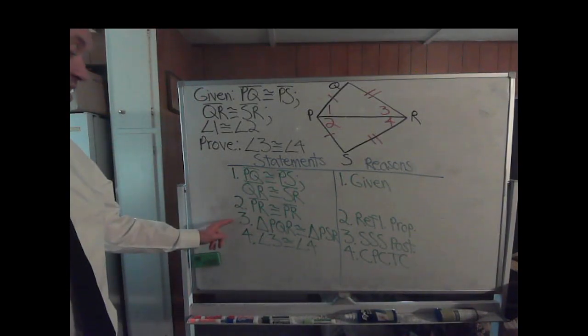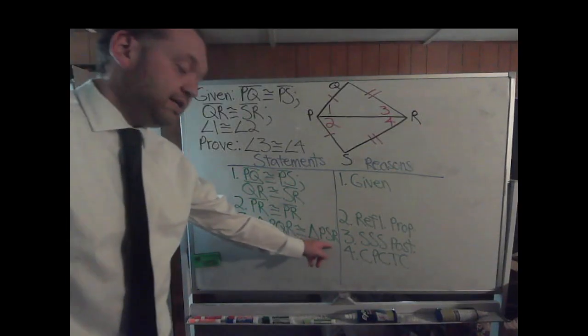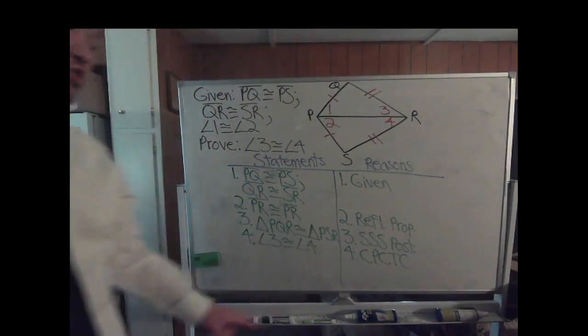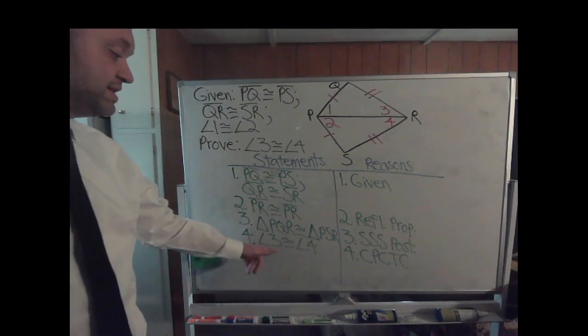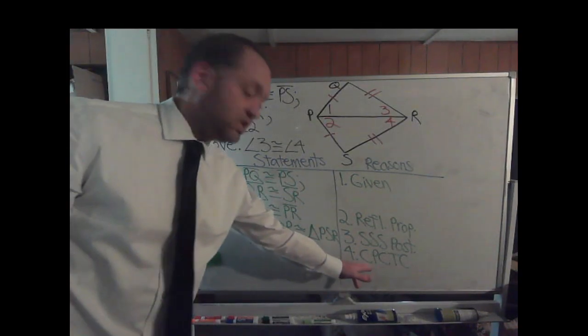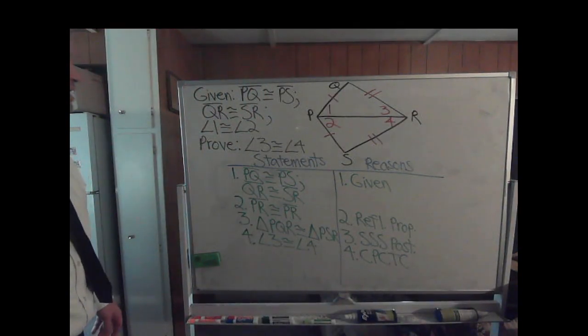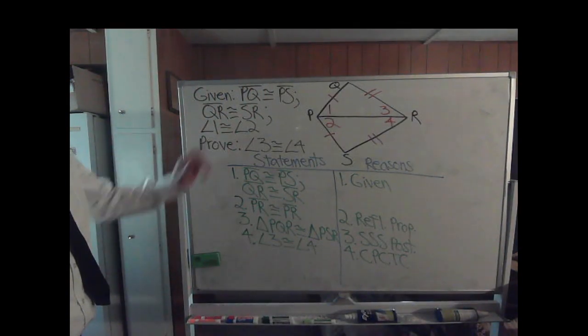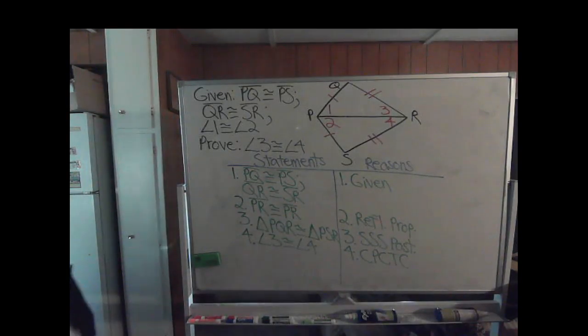Which right away at step 3, I can conclude triangle PQR is congruent to triangle PSR by the side-side-side postulate. And then last but not least, I can conclude angle 3 is congruent to angle 4 by the corresponding parts of congruent triangles are congruent, or CPCTC. Which means I didn't even need to know about angles 1 and 2. That really wasn't relevant information for this.